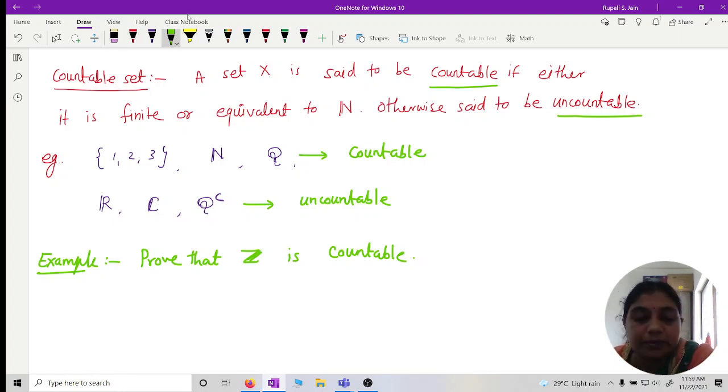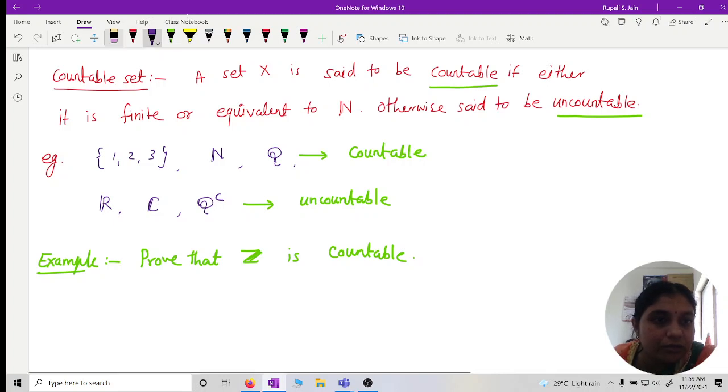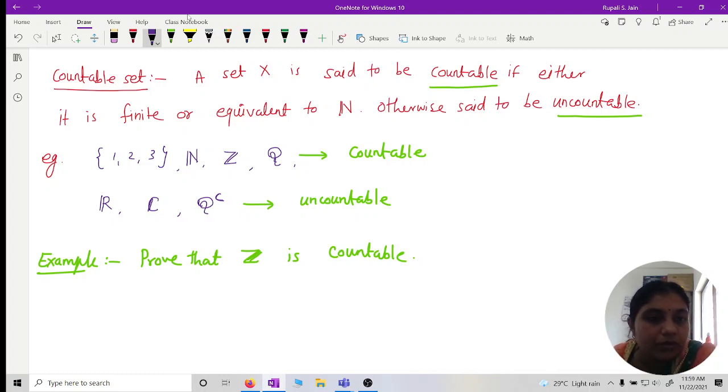Z is the set of integers. Obviously {1, 2, 3} is a finite set, so this is countable. What about N? How can I say N is countable? Because N is equivalent to itself, the set of natural numbers. Therefore N is countable. What about Z?